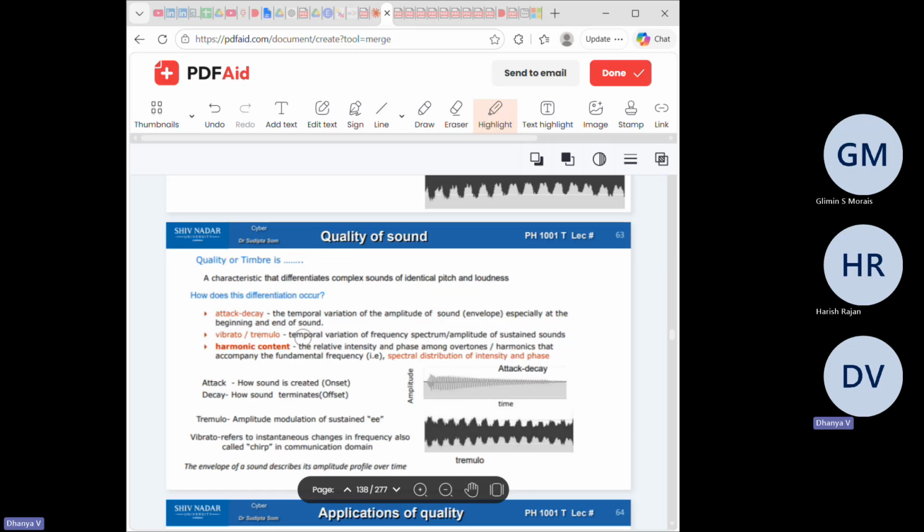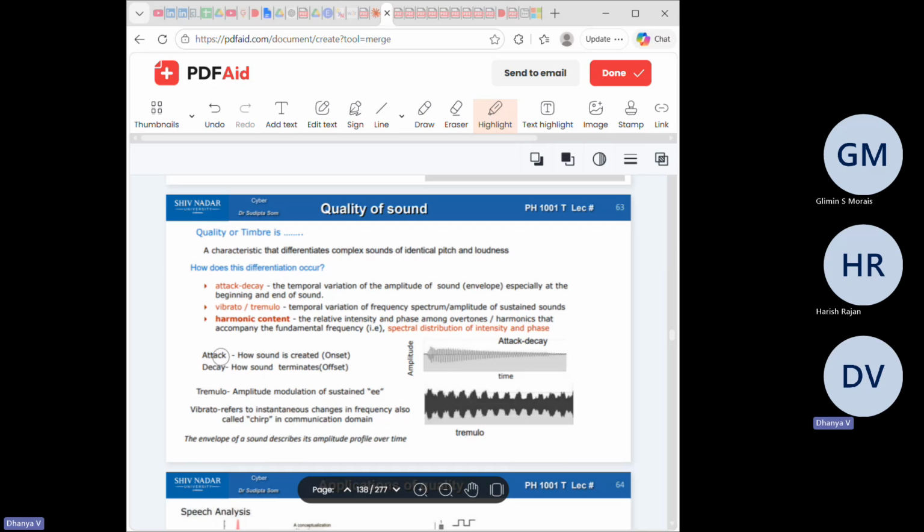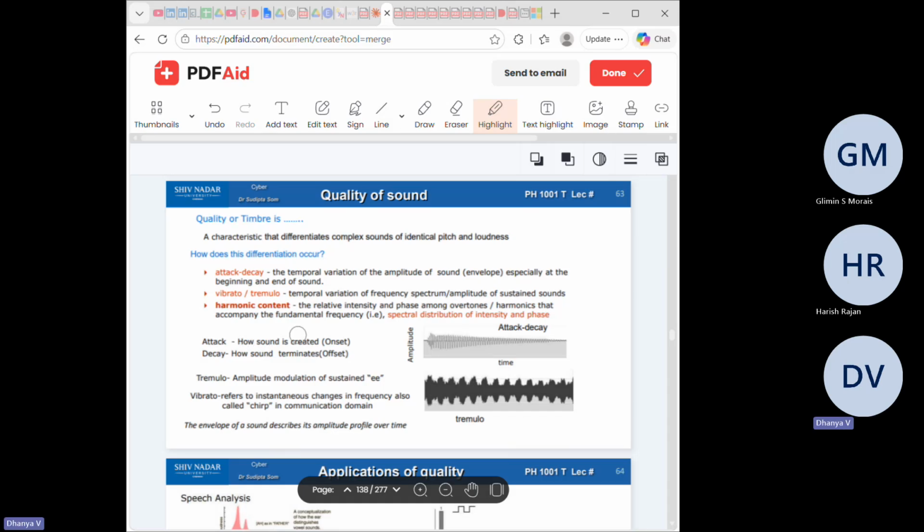Vibrato, I told you, is temporal variation in frequency. Tremolo is temporal variation in your amplitude. Harmonic content is the relative intensity and phase among overtones. Attack is how the sound is created, decay is how it terminates. Again, to give a brief: attack is the temporal variation of amplitude of sound in the beginning, decay is the temporal variation of amplitude of sound in the end.